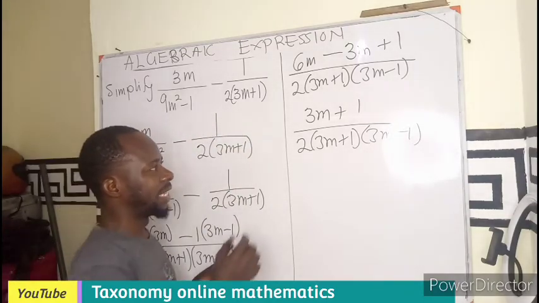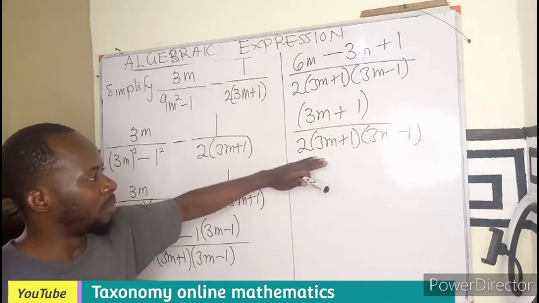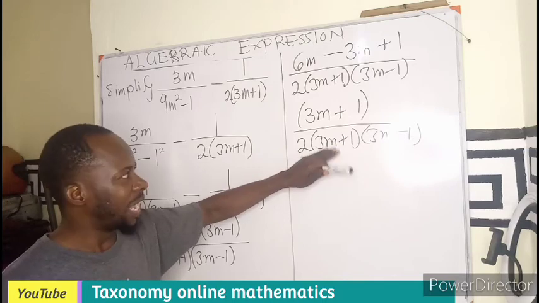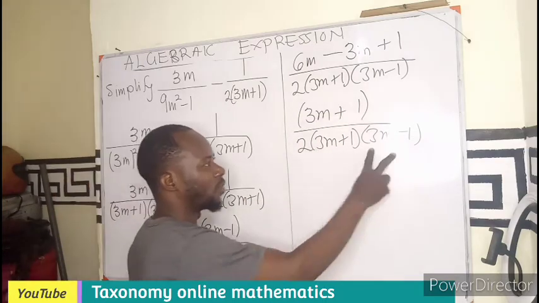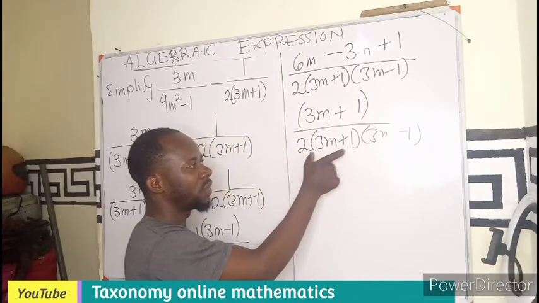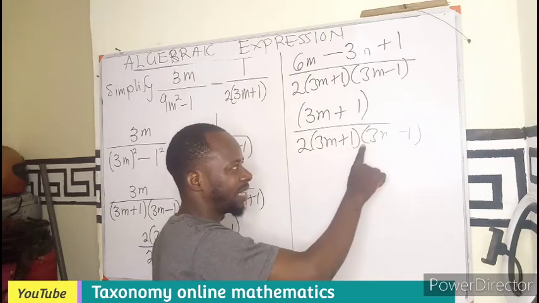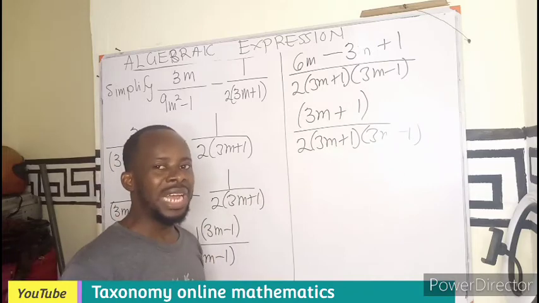So if by any chance I put this in bracket, we can see that it resembles the one we are seeing here. Simply put, they are the same. I can see that this is the same as this. So I can easily divide. Seeing this is multiplying this. Let's take note. It is not 2, 3m plus 1 plus or minus this. If there's a plus here, then this numerator cannot cancel that of our denominator.